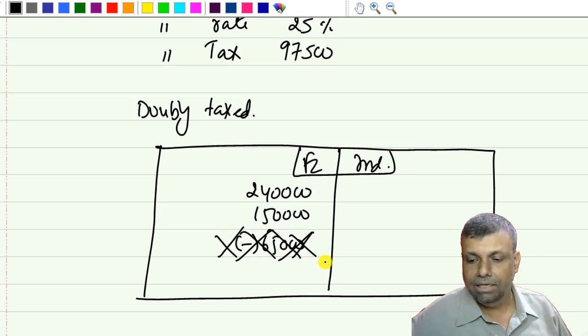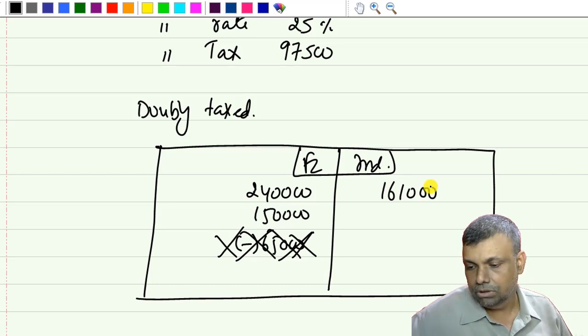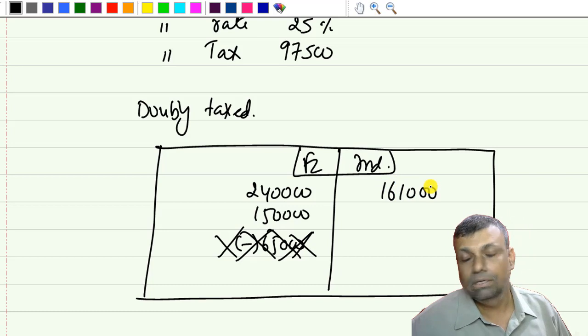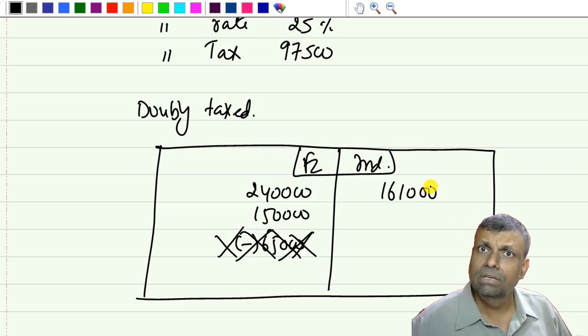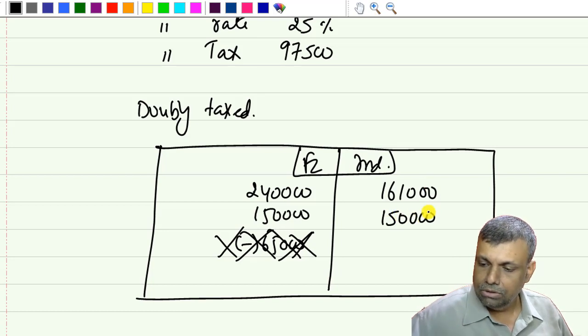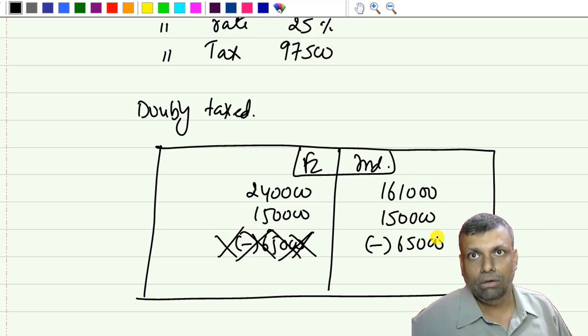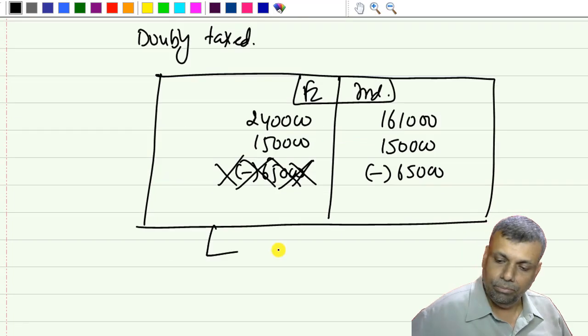Now in India, 2,40,000 was the house property income, but the Indian computation of house property became 1,61,000 because of the 10,000 municipal tax and the 30% standard deduction of the house property chapter. The 1,50,000 dividend is as it is, and this 65,000 loss Indian law is going to give you the set off, which the foreign country is not giving you.